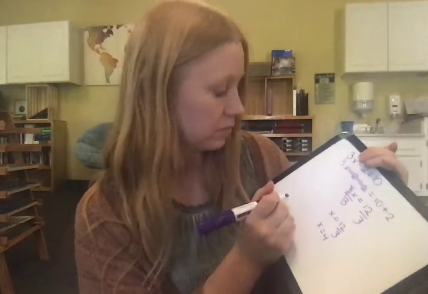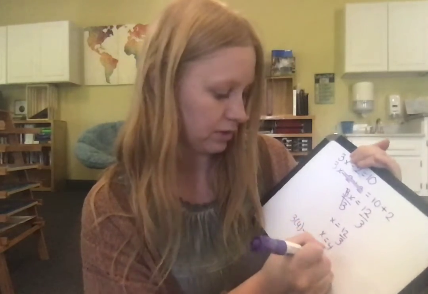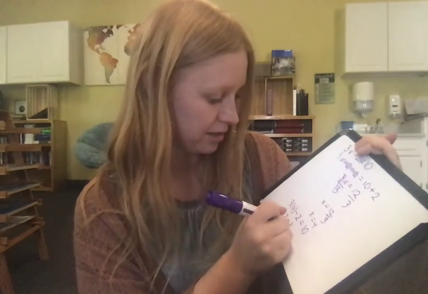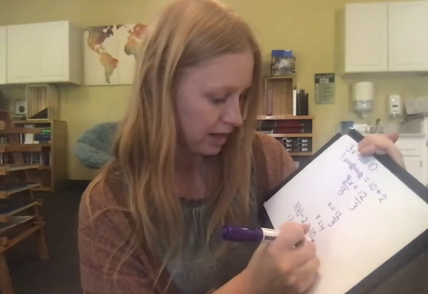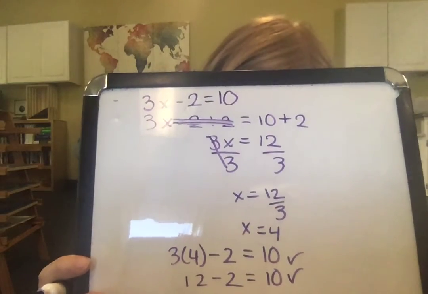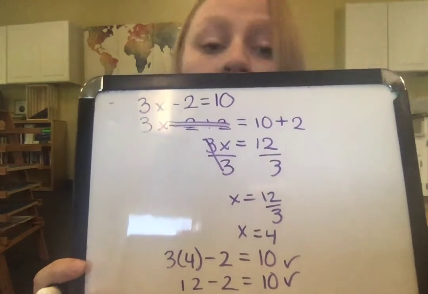Now we got to plug it back in to check our work. 3 times 4 minus 2 equals 10. 12 minus 2 equals 10. That is correct. Should we keep going? Let's keep going.